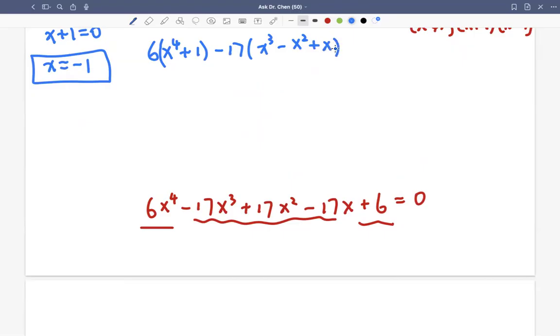Yeah, maybe we should factor out 17x. Well, let's see. So now this equals 0, so it's more organized now. Minus 17x cubed, that's positive. Then positive 17x squared becomes negative, then negative 17x becomes positive, right? Let's actually factor out 17x.